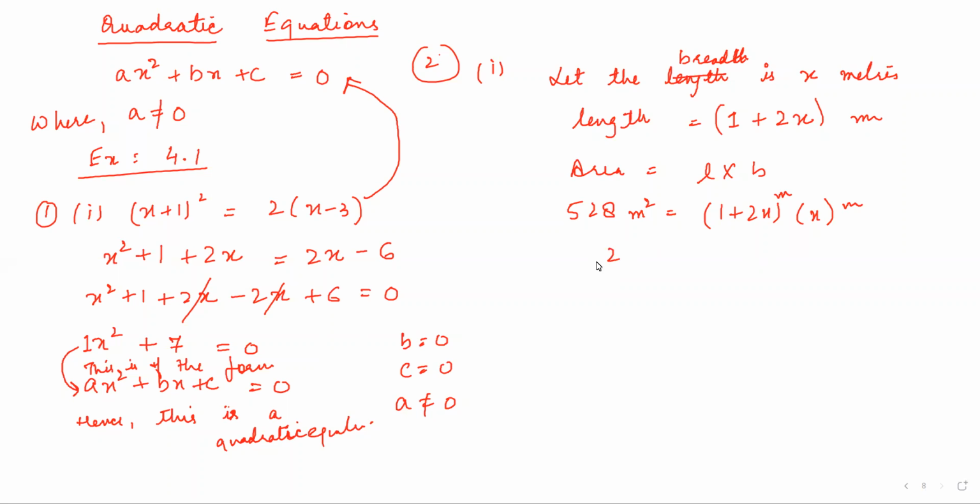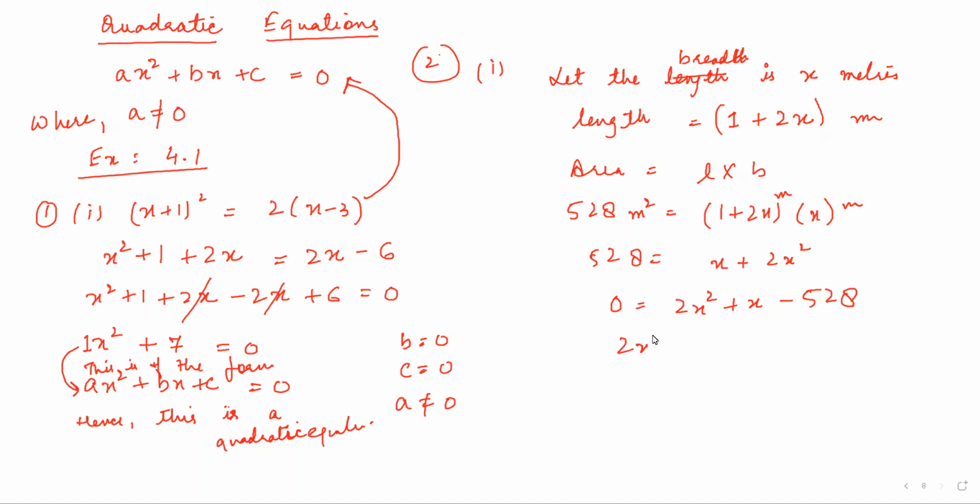So this is 528 is equal to x plus 2x square, right? If you bring this to the right hand side, 0 is equal to 2x square plus x minus 528. Yes? So this is the required quadratic equation.